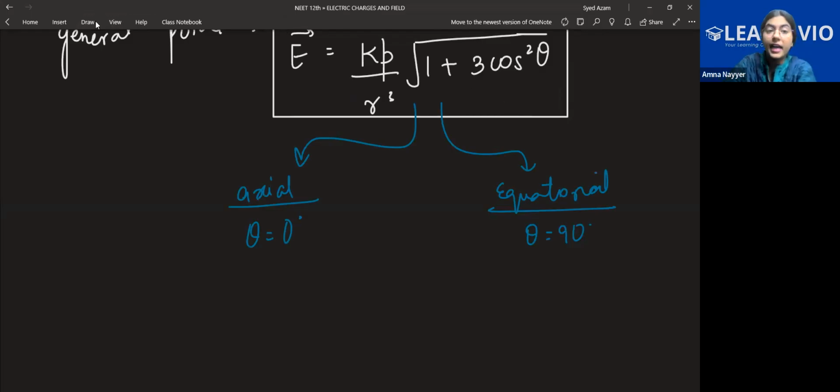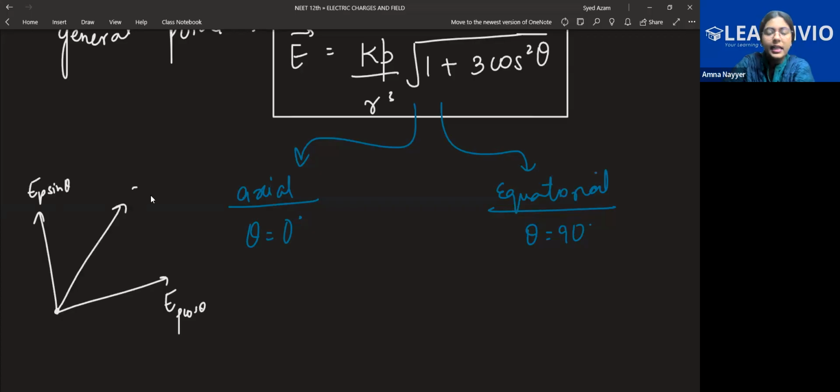One more thing: if tan phi is asked, suppose, what is the angle that the net electric field makes with the electric field component? What was this phi? One electric field was E due to P cos theta, the other was EP sine theta, and we were getting a net electric field over here, and this angle was phi.